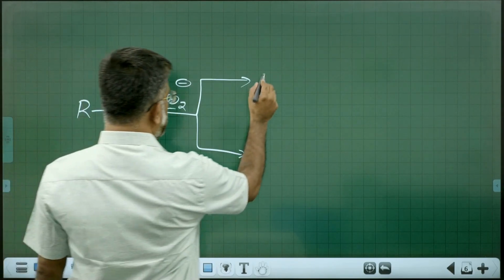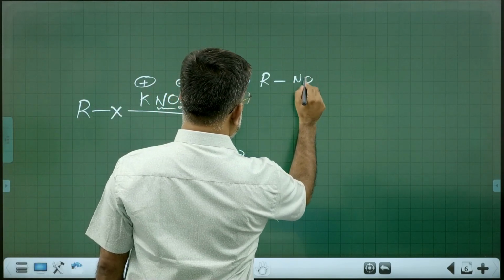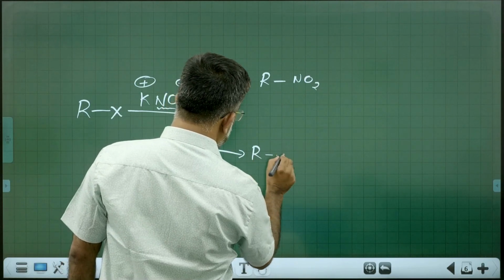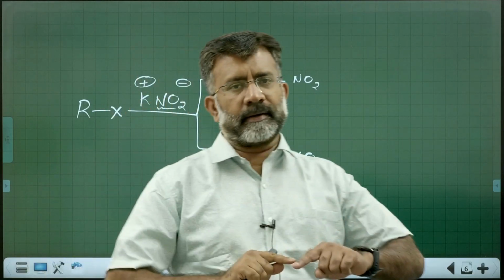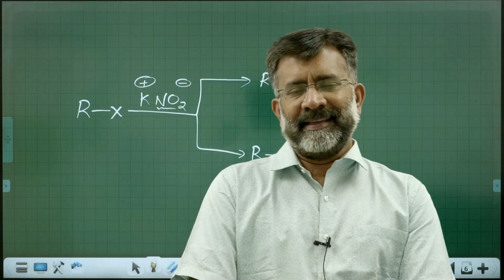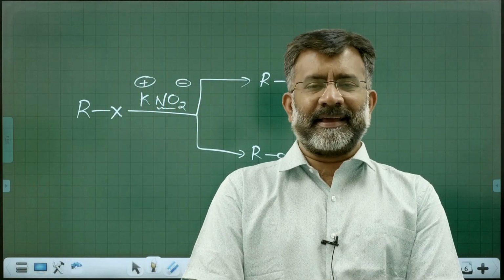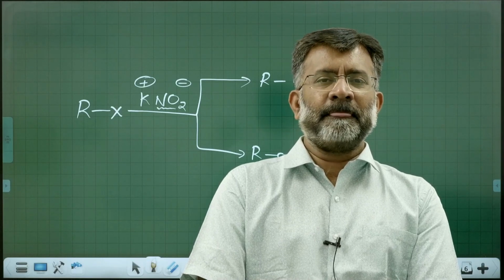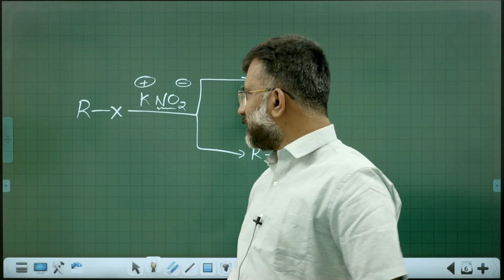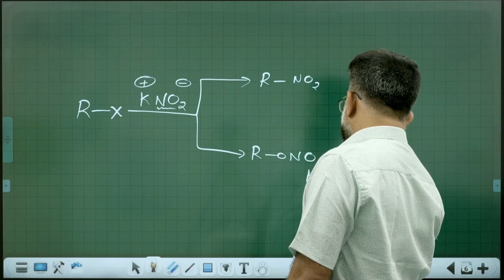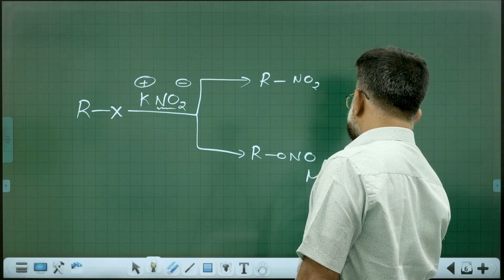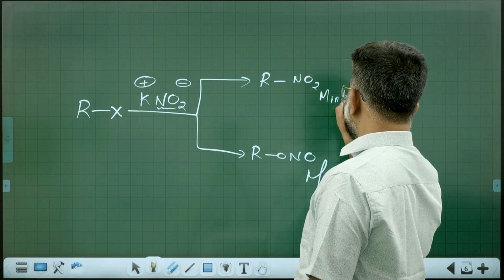Either you may get the product RNO2 or you can get the product RONO. Either oxygen or nitrogen can make a bond with the alkyl part, and the major product in this case will be this one. This is the major product and this is only the minor product.